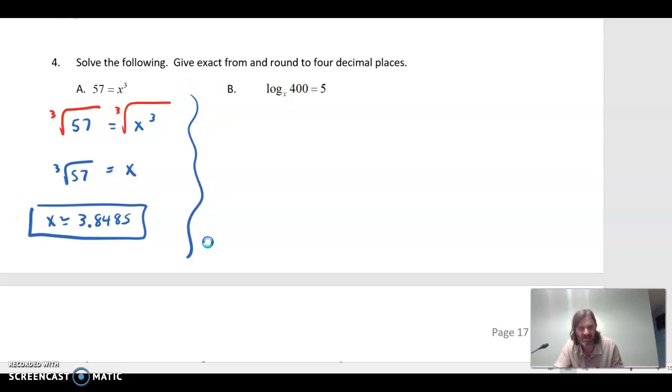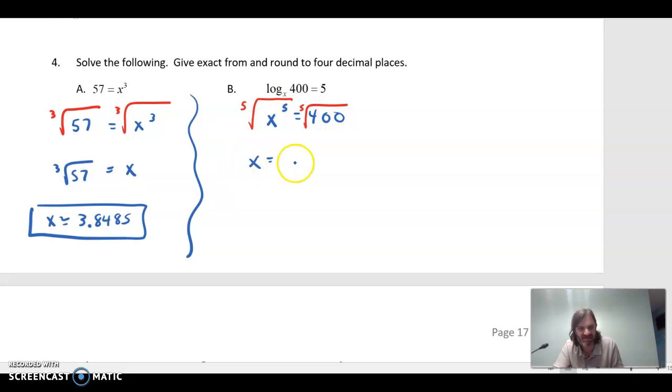Okay. The next one, log base x of 400 equals 5. So the x is definitely not where we can work with it. So we're going to move it around, change it to x to the 5th equals 400, and then it's like the problem we just did a second ago. We're going to take the fifth root of both sides. So that gets the x by itself.